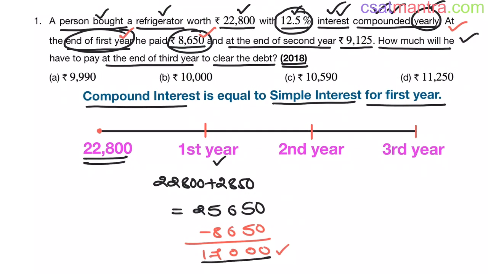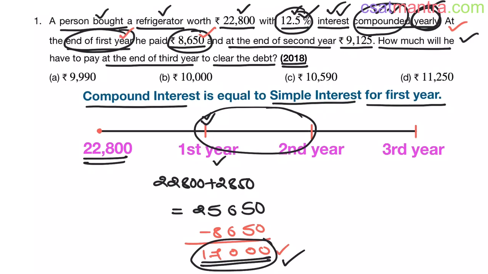Now this 17,000 is the fresh principal amount at this point my friends, and the interest is compounded yearly at the rate of 12.5% on this principal amount. This is clear, right? For this principal amount, this duration is the first year my friends. Okay, now we know compound interest for first year is equal to simple interest. Let's calculate the simple interest for 17,000 my friends.